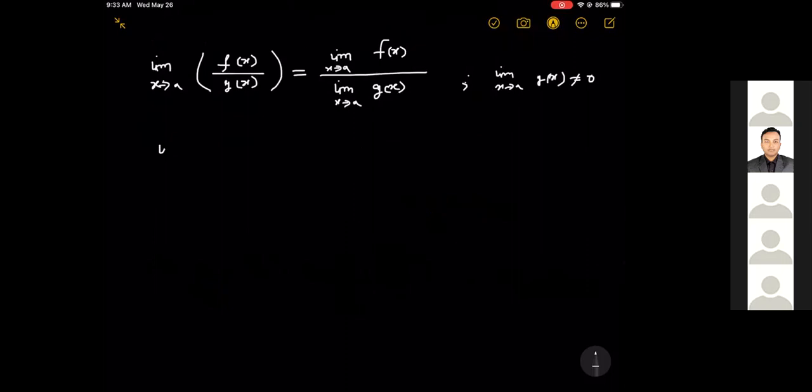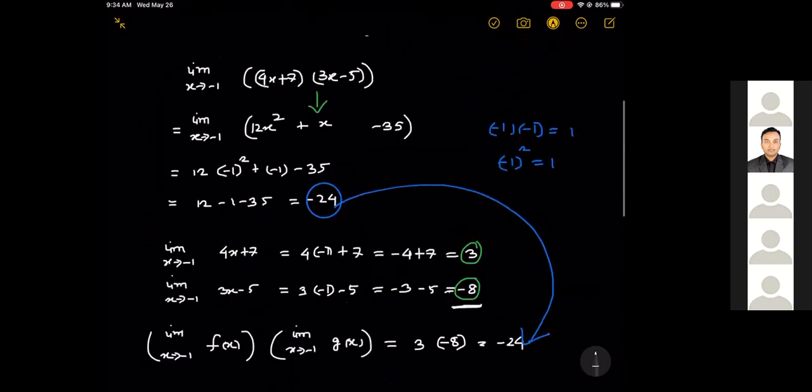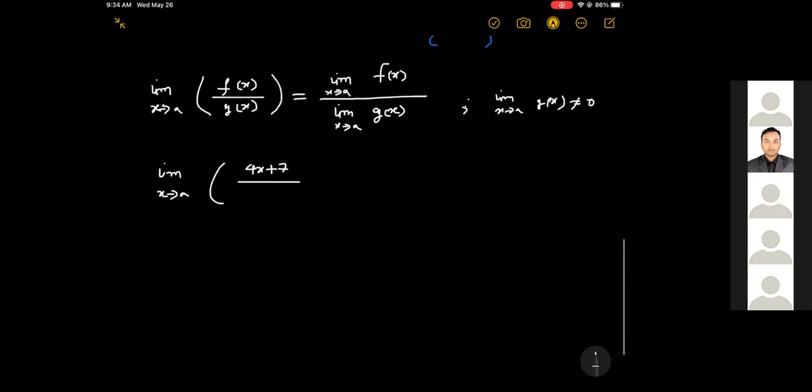So now let's try the left-hand side first. So 4x plus 7 over 3x minus 5.